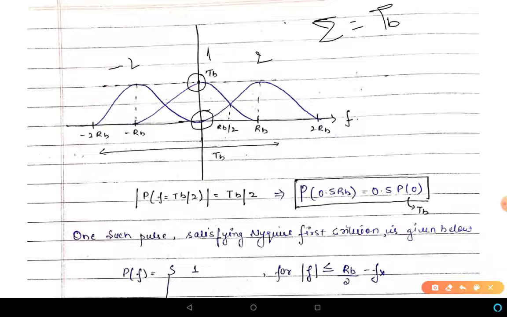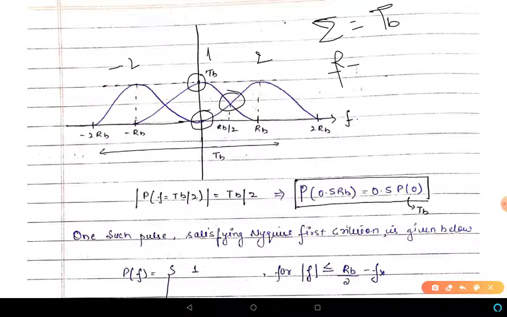Now as f is increasing, the first pulse is decreasing, the second pulse is increasing, and the minus second pulse is decreasing. The minus second pulse is of course 0 after that. Now at this point, f equal to Rb/2, my first pulse has the magnitude Tb/2.